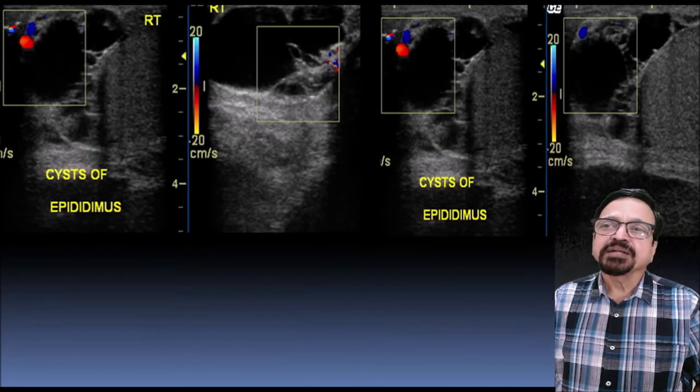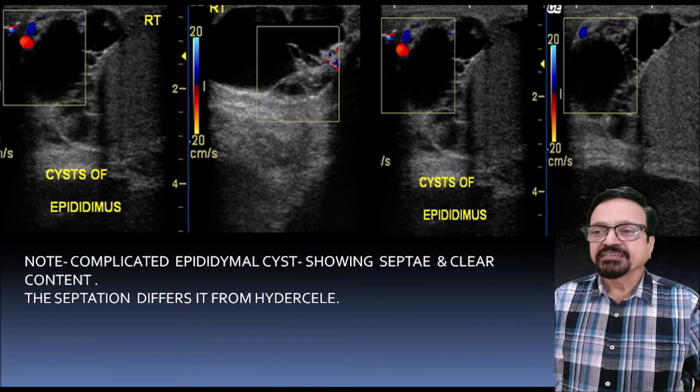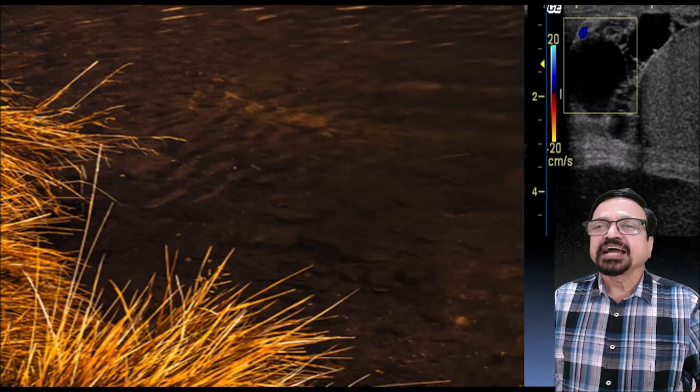So this suggests not a simple cyst but one having a chronic inflammatory process. Here also there are complicated epididymal cysts showing septi and clear content. The septation differentiates it from hydrocele.